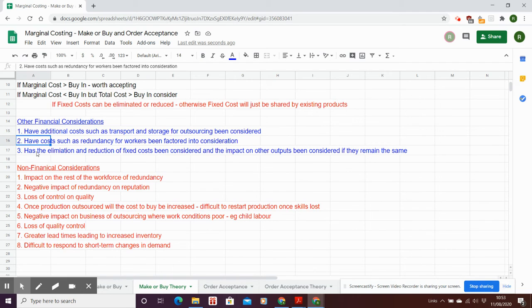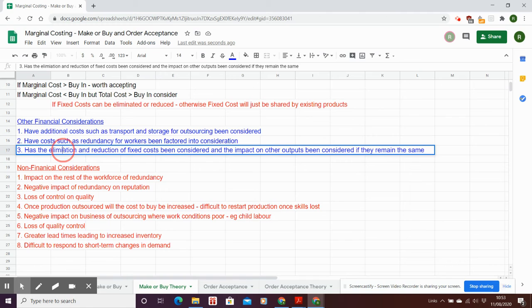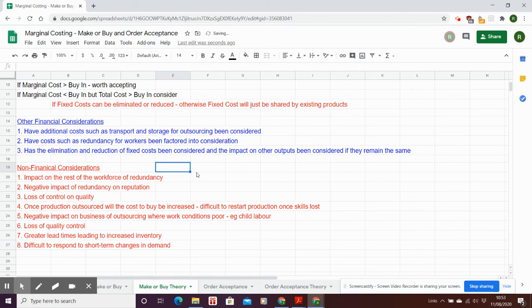And has the reduction of fixed costs been considered, and the impact on other outputs been considered if we can't eliminate those fixed costs? Okay, so they would be financial considerations over and above that sort of straightforward, what does a marginal cost look like, what does the total cost look like, and what is the buy-in?